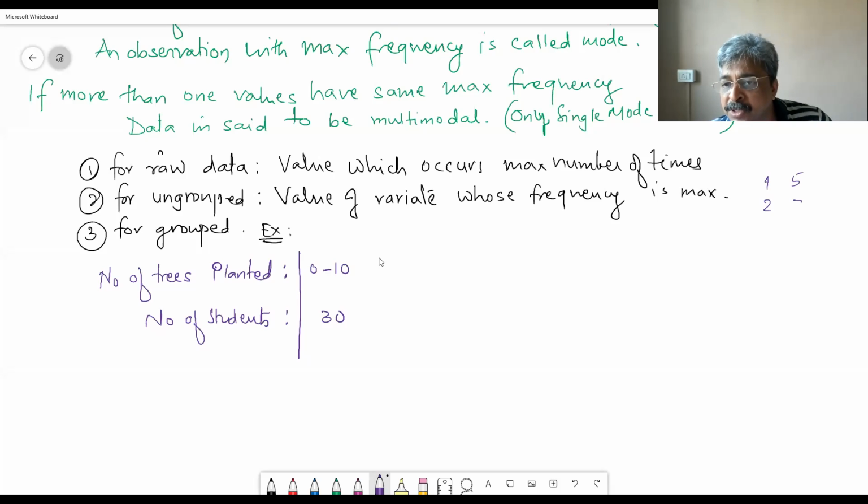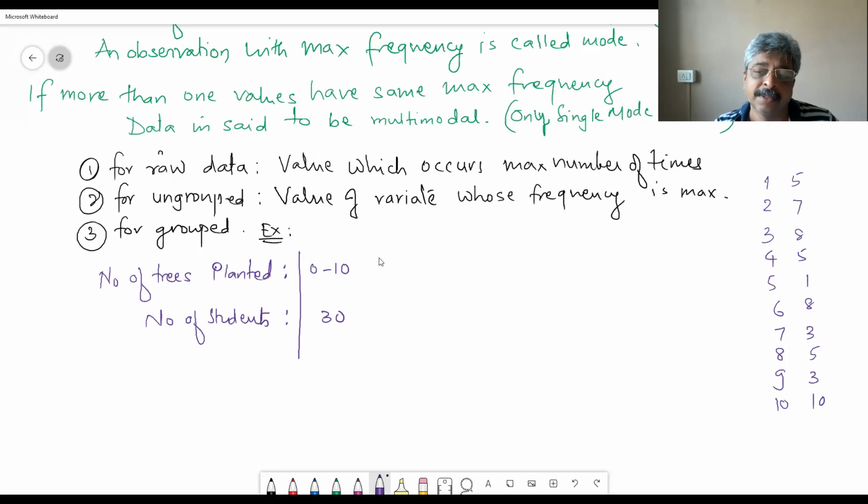Student number 2 has got 7 marks. Student number 3 has got 8 marks. Student number 4 has got 5 marks. Student number 5 has got 1 mark. Student number 6 has got 8 marks. Student number 7 has got 3 marks. Student 8 has got 5 marks. Student 9 has got 3 marks. Student 10 has got 10 marks. This is raw data.